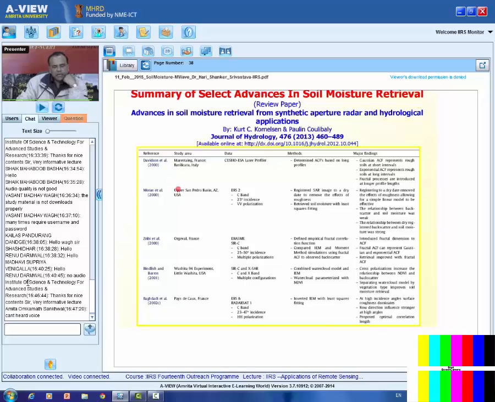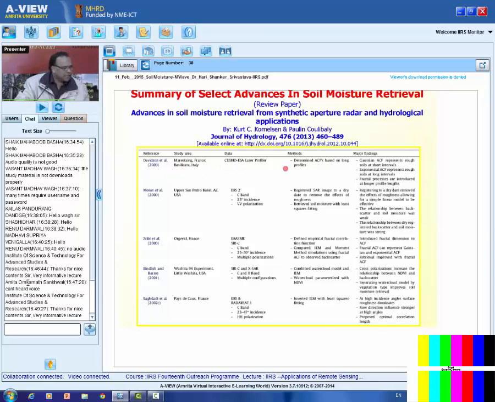And here the authors have given a very comprehensive table, in which they have mentioned the advancements that have taken place in the field of soil moisture estimation using SAR data. So these are the names of the scientists, the country, the study area, what methods they have used, and major findings.